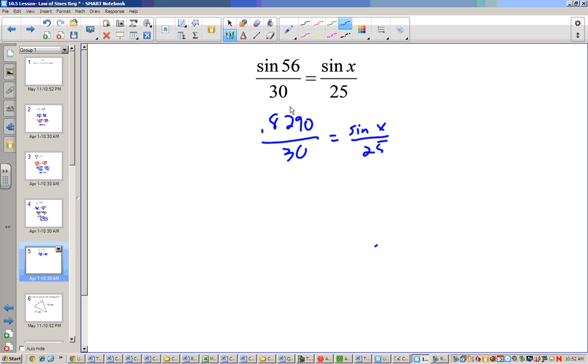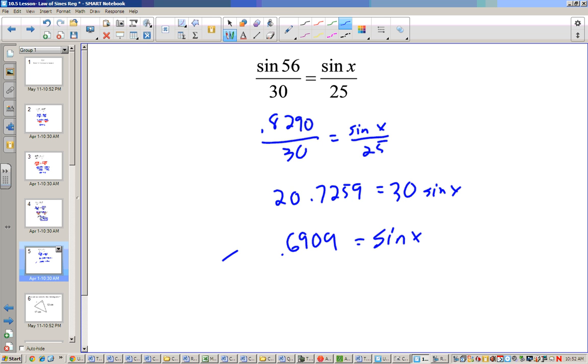So now when I cross multiply, I multiply this times this to get 20.7259, and that equals 30 sine of x. Now I divide that by 30, so I have the sine of x is equal to 0.6909.